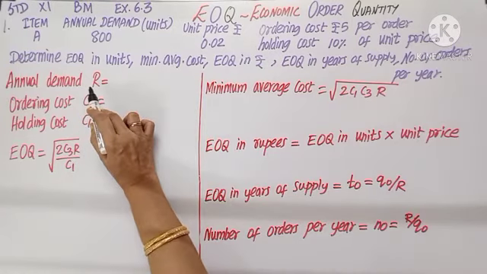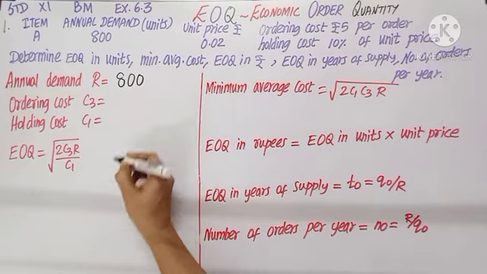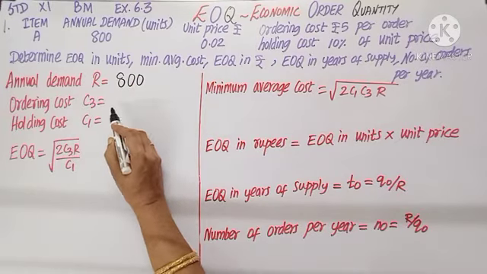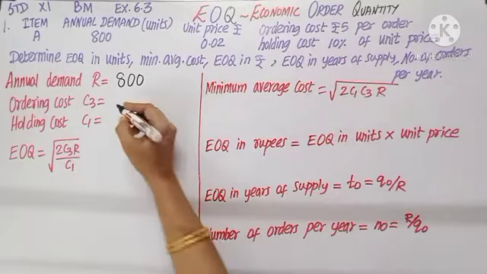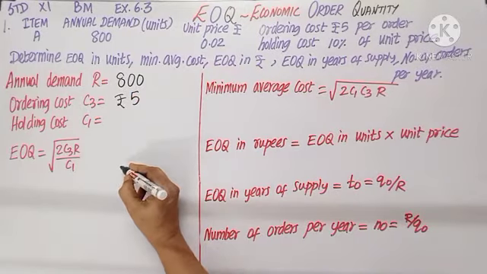Annual demand we call R, that is 800. Ordering cost they have given as 5 in the question, so it is rupees 5 per order.